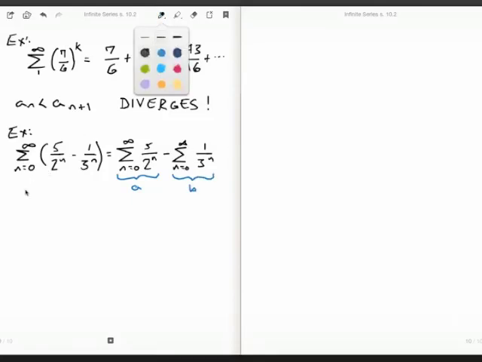Alright, so if we work at A first, what's it going to be? 5 over, well, I'm starting at 0. So 5 over 2 to the 0 is 5 over 1 plus 5 over 2 plus 5 over 4 plus dot dot dot. Well, here I recognize this.